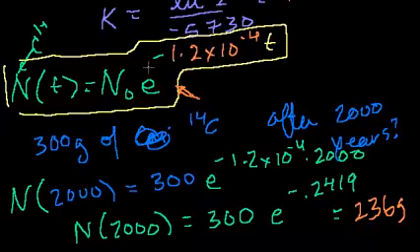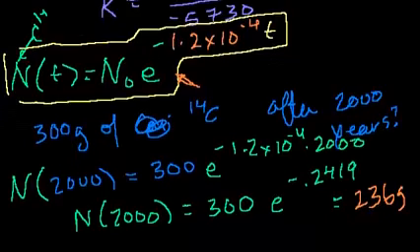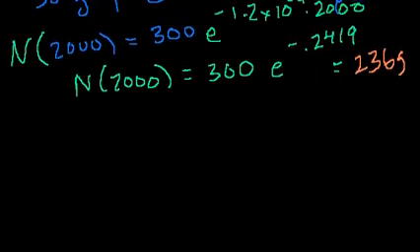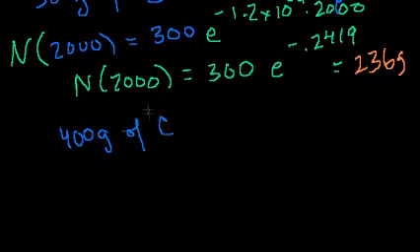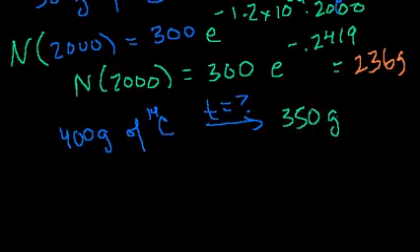Let's do another one like this. Let's go the other way around. Let's say I start off with 400 grams of C14, and I want to know how long it takes for me to get to 350 grams of C14.